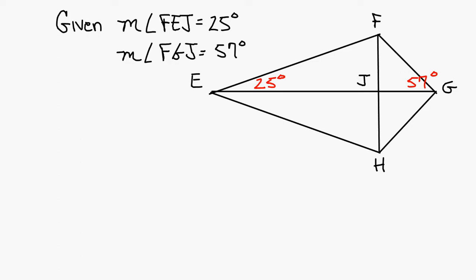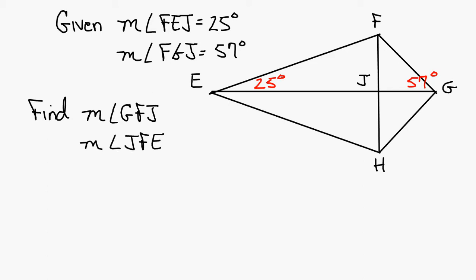They're asking you to find the measure of GFJ, the measure of JFE, and the measure of GHE. So let's look at GFJ first. GFJ, we're going to make that this blue angle right up here.